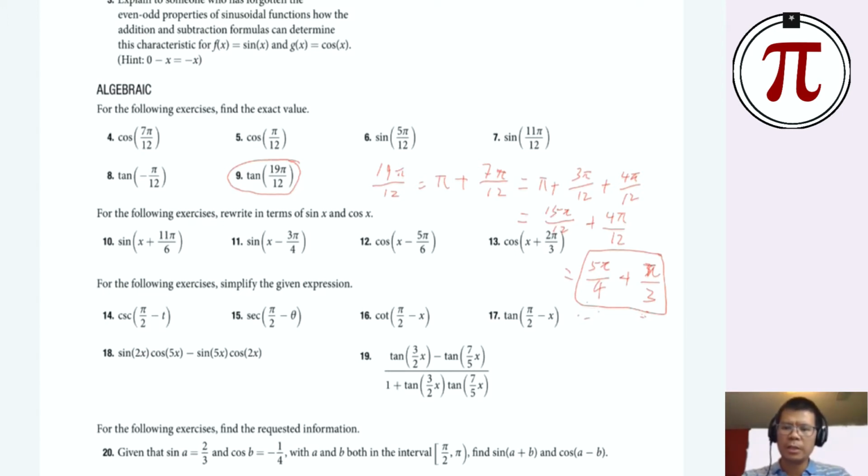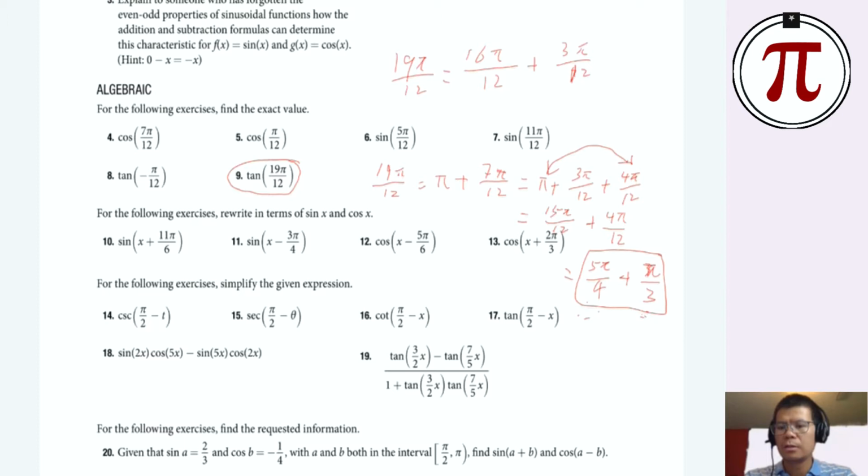Okay. So I believe you can also do something else. You can say 19 pi over 12 can also be written as, so you do this two together, right? So that's going to be what? 16 pi over 12 plus what? 3 pi over 12. Yes?